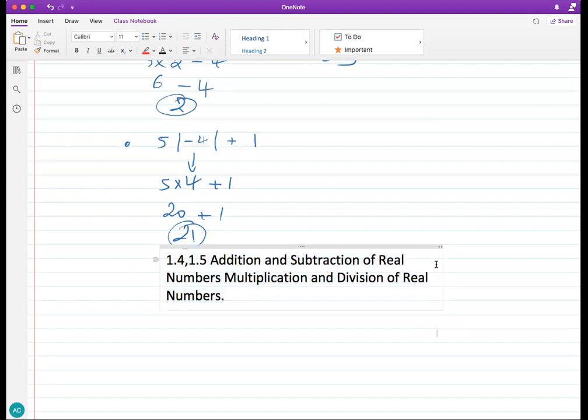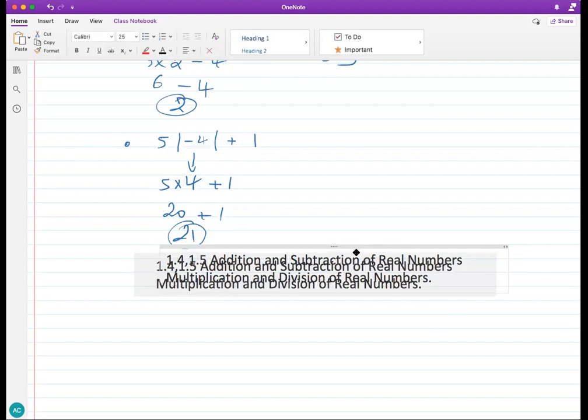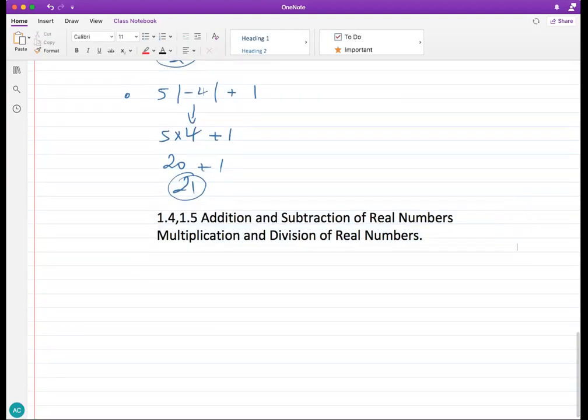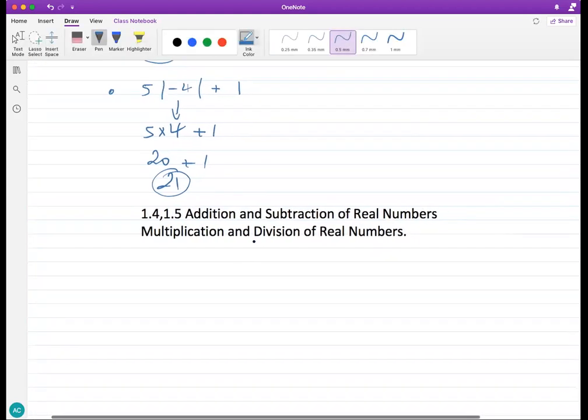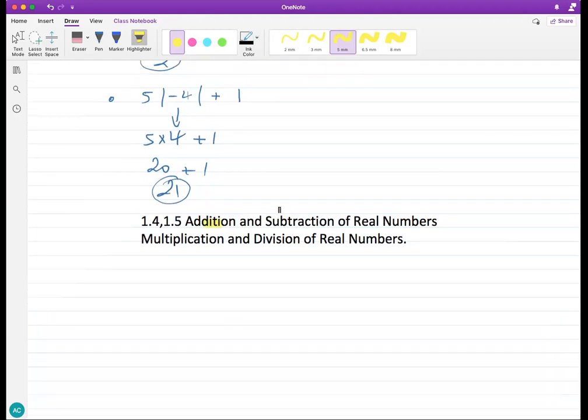All right, so as you can see here, you're going to learn another couple of units from the book. So we're going to see addition, subtraction, multiplication, and division of real numbers.